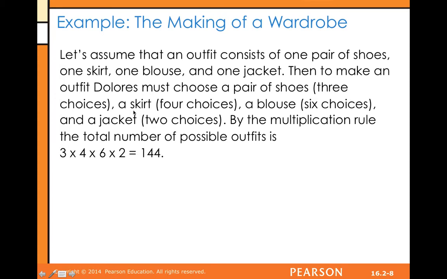Stage 2, choosing a skirt, there are 4 ways. Stage 3, choosing a blouse, there are 6 ways. And stage 4, choosing a jacket, 2 ways. So that's where this multiplication expression comes from here. 3 ways for stage 1, 4 for stage 2, 6 for stage 3, and 2 for stage 4. Gives you a total number of outfits of 144.